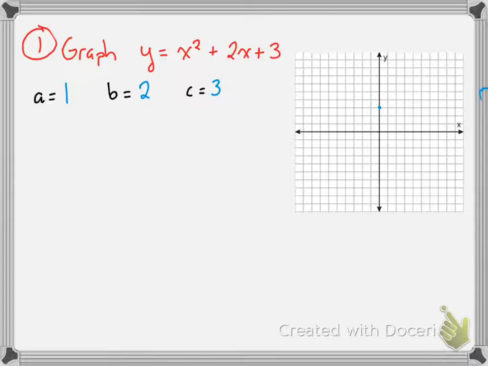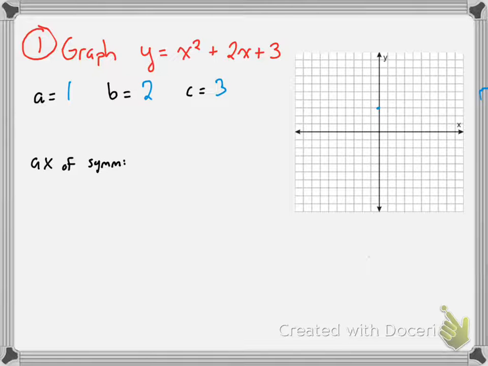Before I do anything, what's unique to our function in standard form is that seeing this 3 means that if I plot a coordinate at (0, 3), that's going to be my y-intercept. From here, let's find the axis of symmetry, and that's going to help us find the vertex, which is ultimately going to be the most important in terms of graphing this.